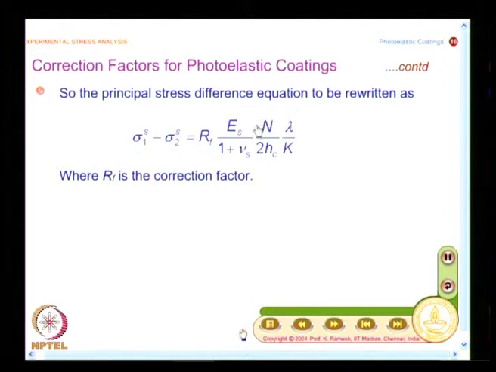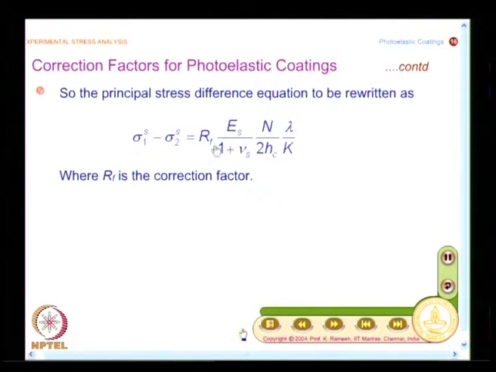So, I will have to find out what is the fringe order accurately at a point of interest. Once I know fringe order n, I know the specimen material properties and also the coating properties, and if I know the wavelength of light that I have used and also the coating property, namely the strain coefficient, I can find out sigma 1s minus sigma 2s.